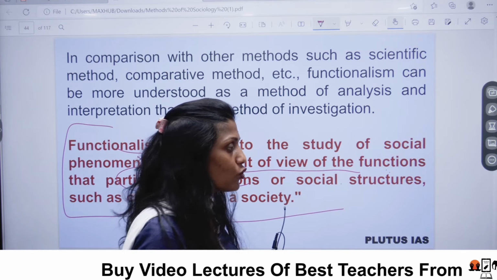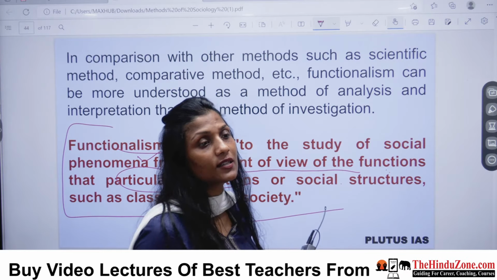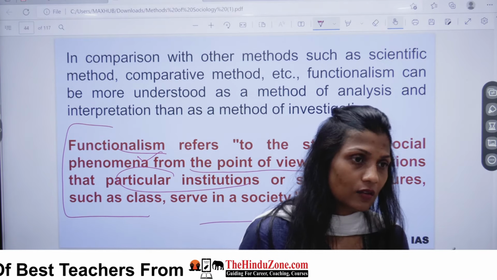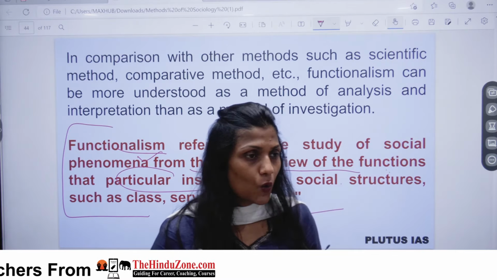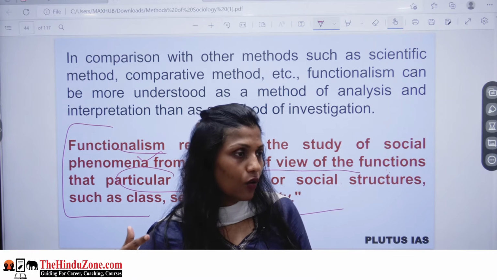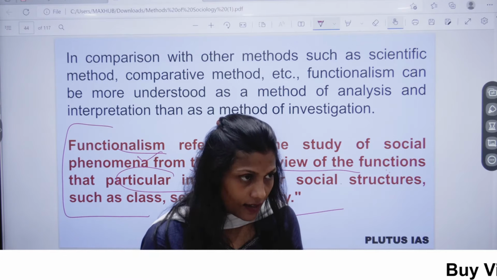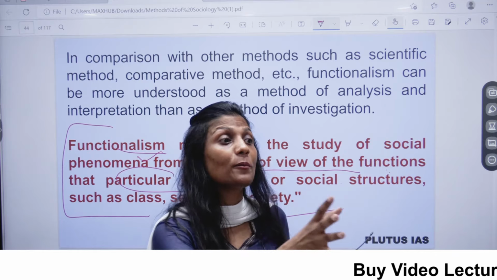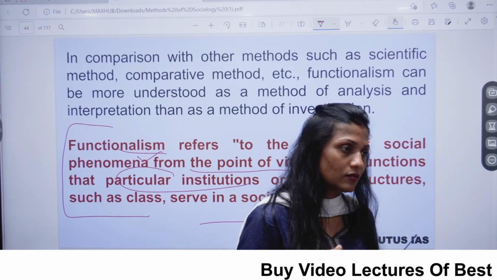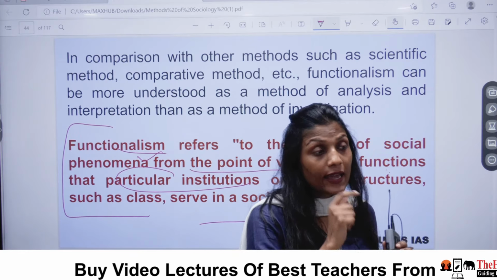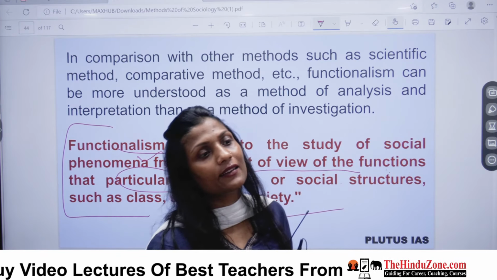So if we apply functionalism to evaluate religion in today's time, when we have a lot of communal violence, do you think religion is fulfilling its role?